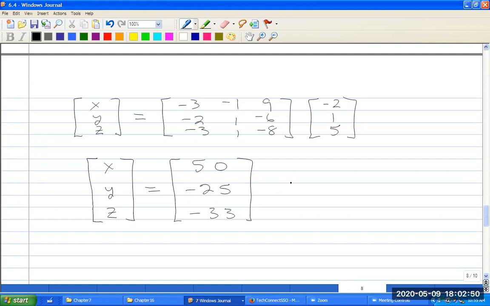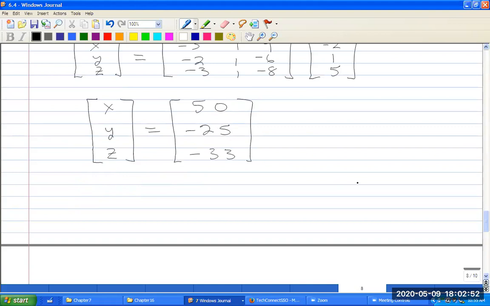And so you get that X is 50, Y is -25, and Z is -33. And that is your answer.